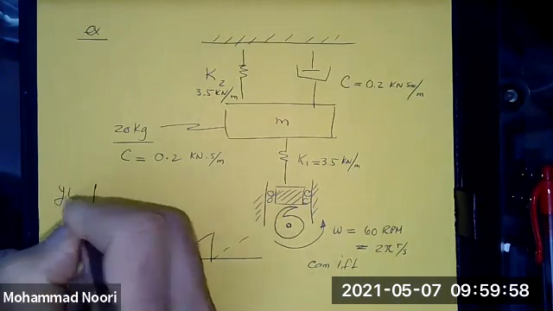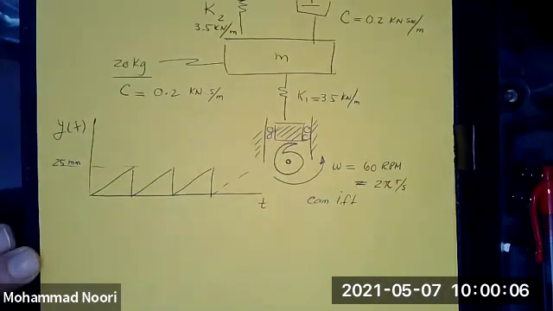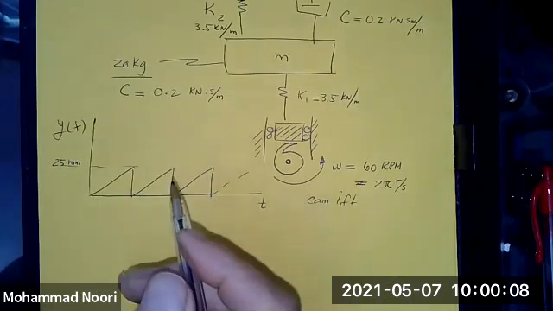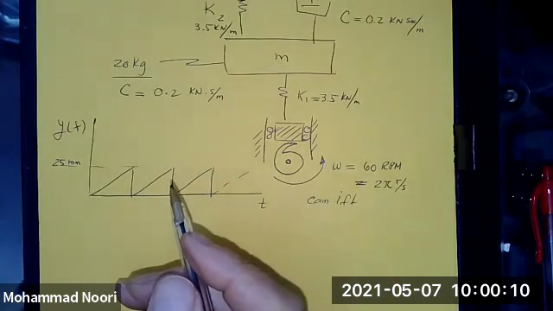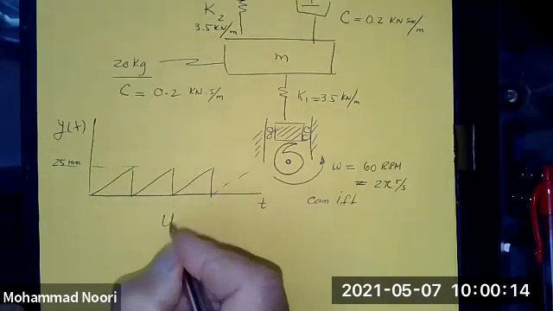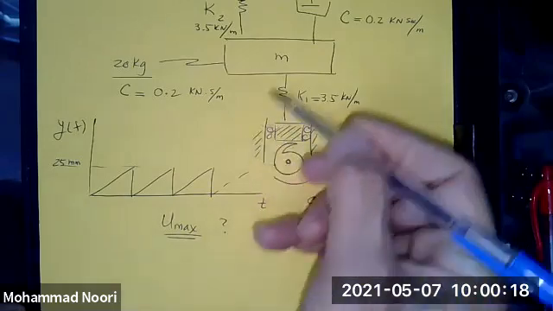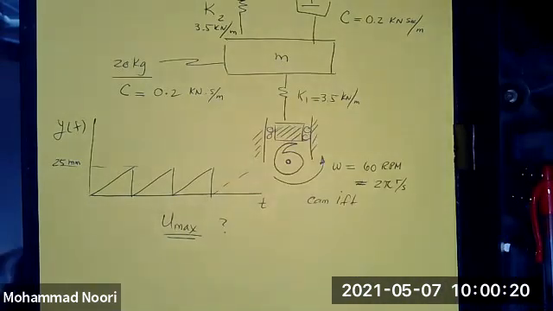So this function basically represents the motion of this cam. Okay. What we want to find, as I said, is what is the maximum displacement that this system would experience.